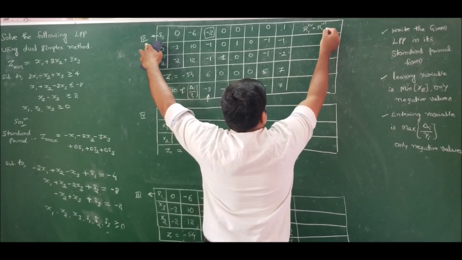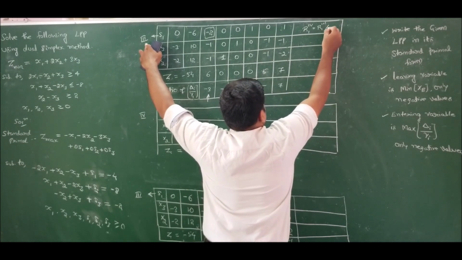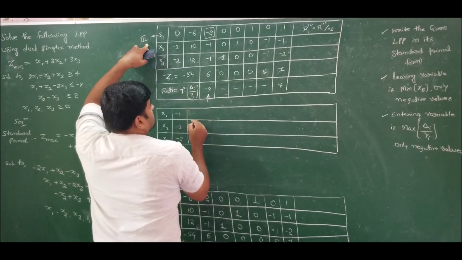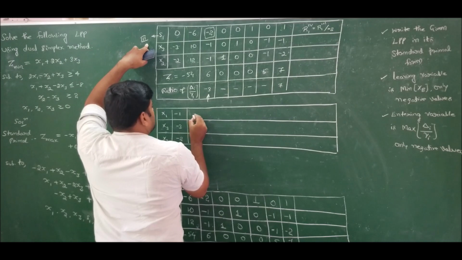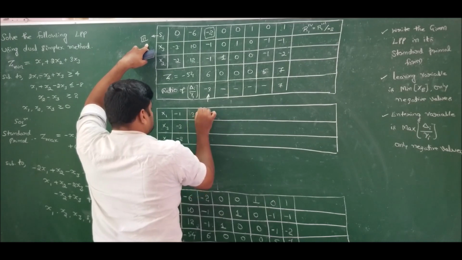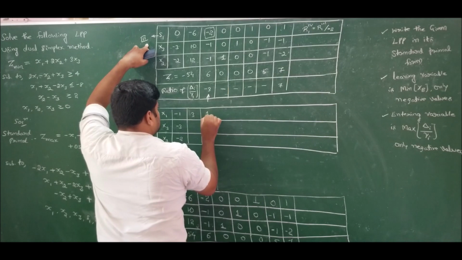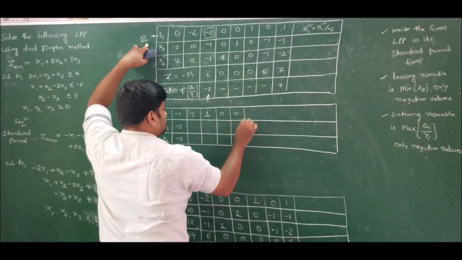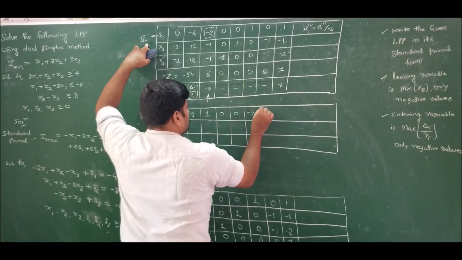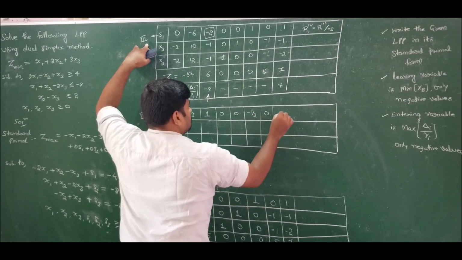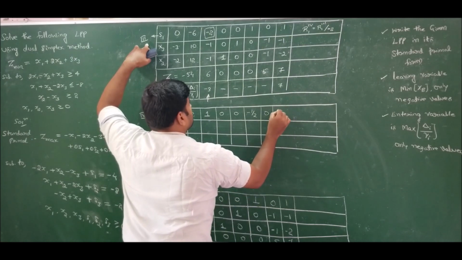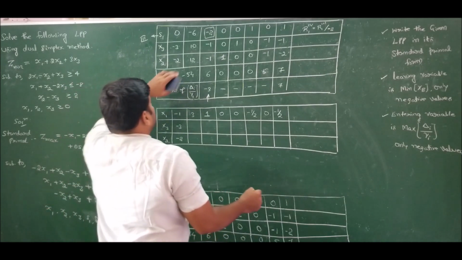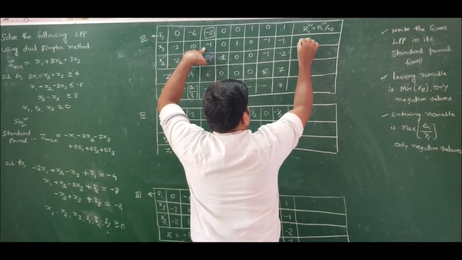So -6 by -2, minus of minus will get cancelled to become just 3. -2 and -2 is 1. 0 by anything is 0, 0 by anything is 0, minus half, 0 by anything is 0, it will become minus half. Next I should make this as 0, just addition.